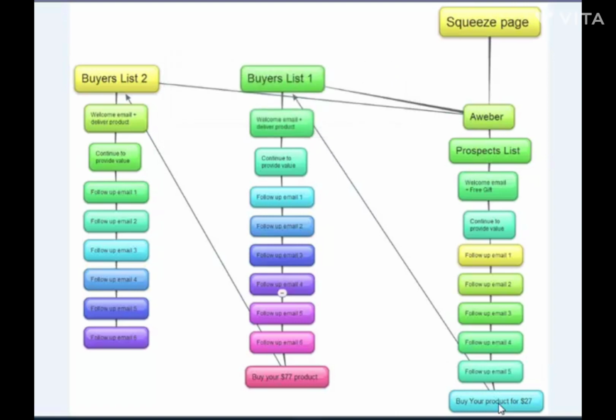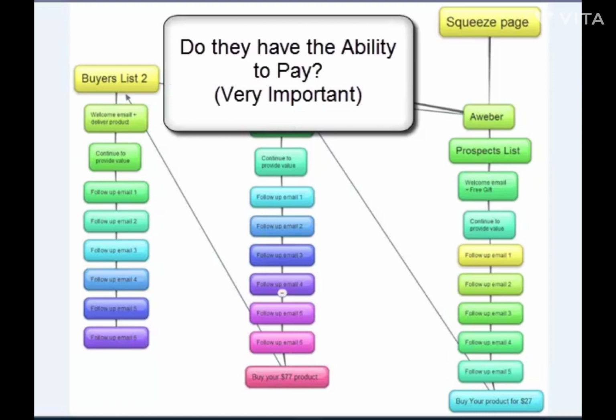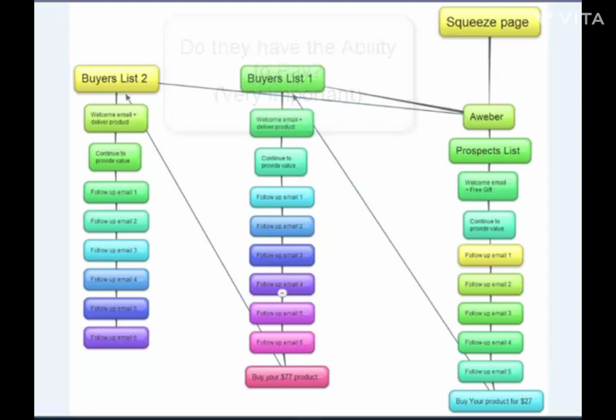The reason why you should make your first product very cheap is because at this stage in your sales funnel, all you're trying to do is find out if that prospect has the ability to pay. This is very important. So that's why your first product that you offer them should be very cheap.